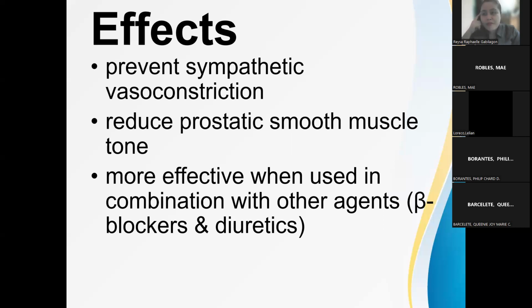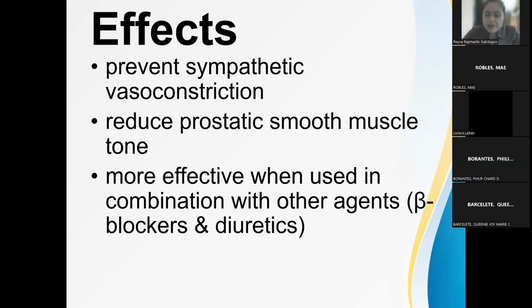So please bear in mind that if we are going to combine drugs, the two or whatever, kung marami silang i-combine mo, should have different mechanism of action. So just like our alpha-1 blockers, if we're going to combine it with beta blockers, there will be an interaction, a much larger effect na makukuha natin.